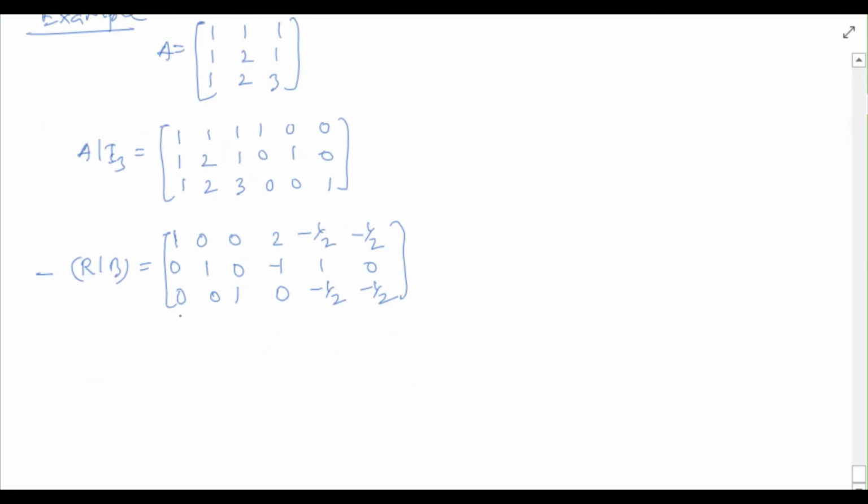Clearly, R here is an identity matrix. So A is invertible, and moreover this submatrix B is the inverse of A. So A inverse is 2, minus half, minus half, minus 1, 1, 0, 0, minus half, minus half.